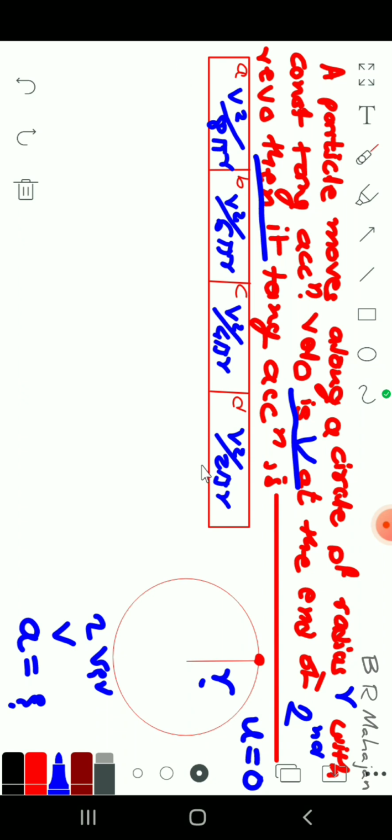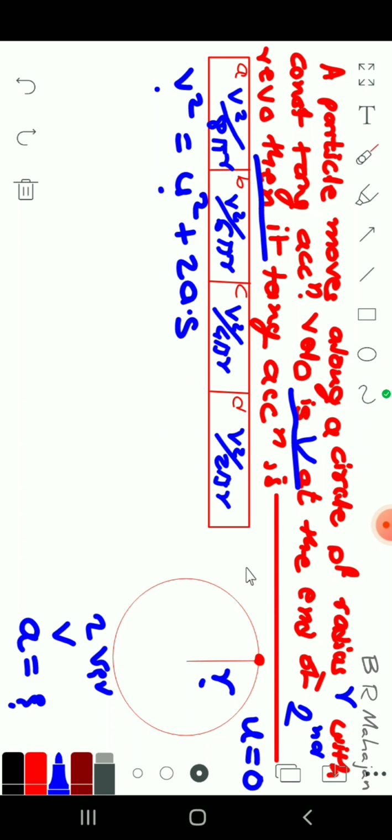They are going to ask you the tangential acceleration a, and these are four options in front of you. So to solve this problem, as I said earlier, you have to use a kinematical equation, and especially the third kinematical equation, v square is equal to u square plus twice a into s. Here v is the velocity after two revolutions, u is the initial velocity.